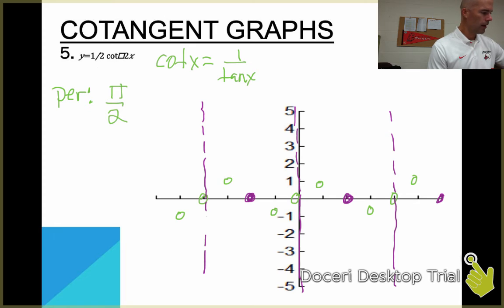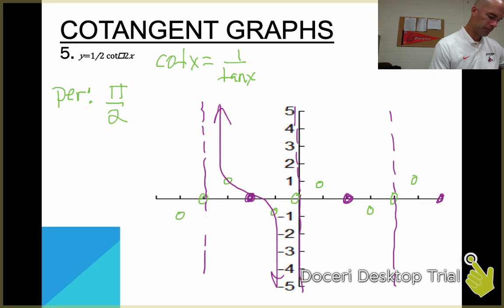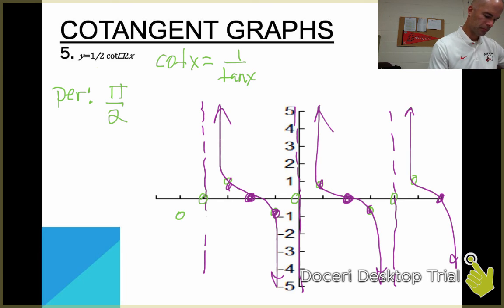Okay, and we're going to go ahead and graph in our points. There we go. There's our cotangent graph.